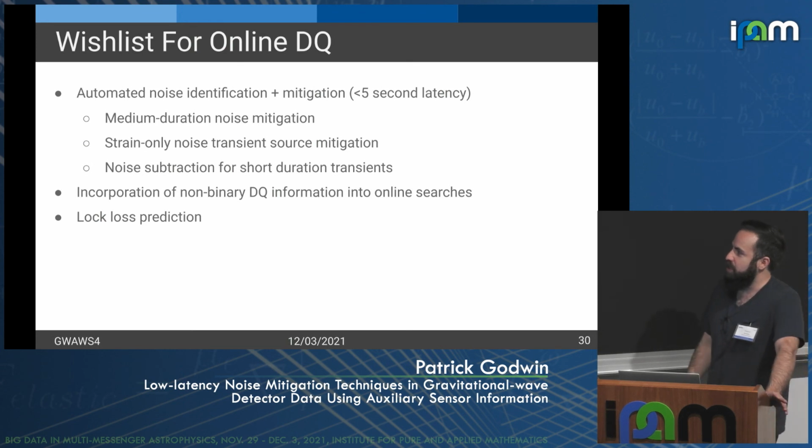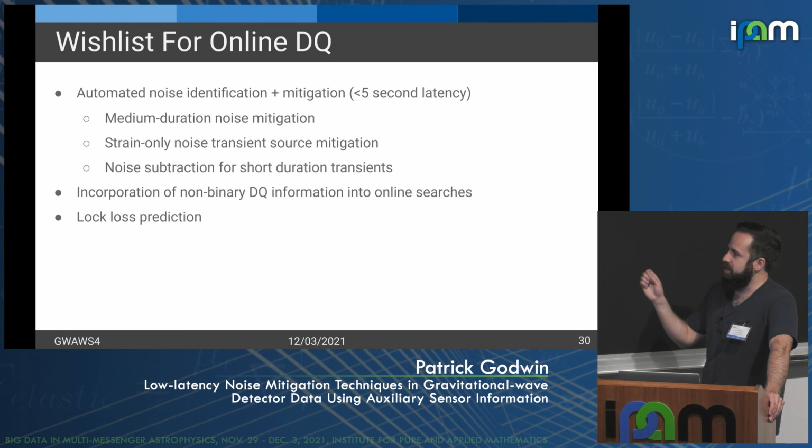Finally, I'd like to see more of a push in noise subtraction for short duration transients. So, Gabriele showed this nice work about removing quasi-stationary noise using non-stationary noise subtraction.